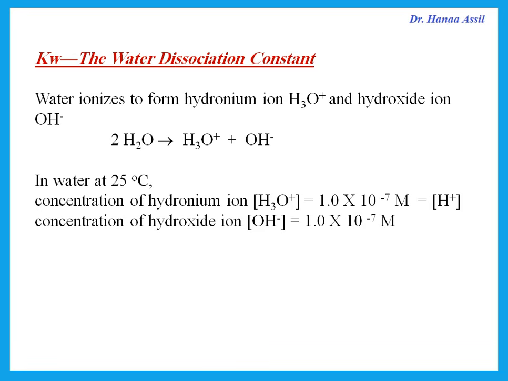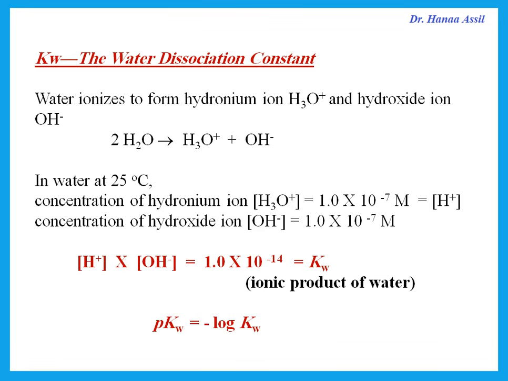The concentration of hydroxide ion is 10 to the minus 7, and the ionic product of water is the concentration of H+ ions multiplied by the concentration of OH-, so Kw is 10 to the minus 14.